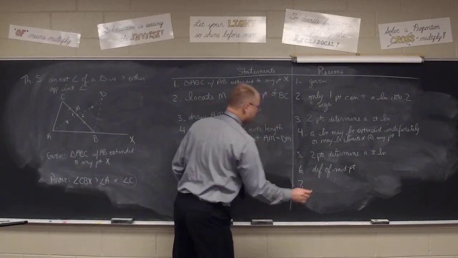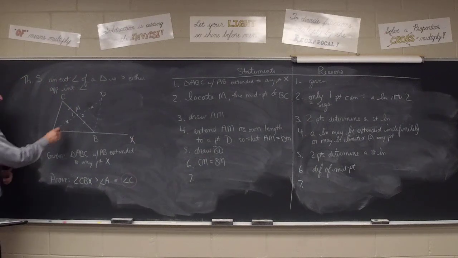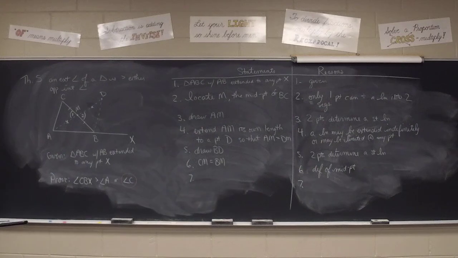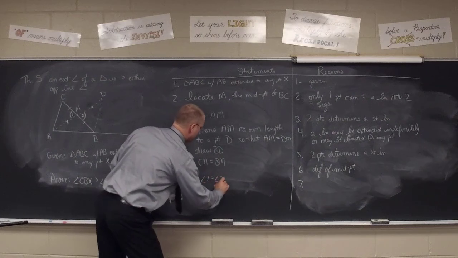Now, this is one time where it's not definition of vertical angles, okay? Remember, the definition of vertical angle says the non-adjacent angles formed when 2 straight lines intersect. The definition of vertical angle says nothing about equality. But we did have an informal statement, Brandon, that said, all vertical angles are equal. Yeah, vertical angles are equal. So we can say angle 1 equals angle 2.